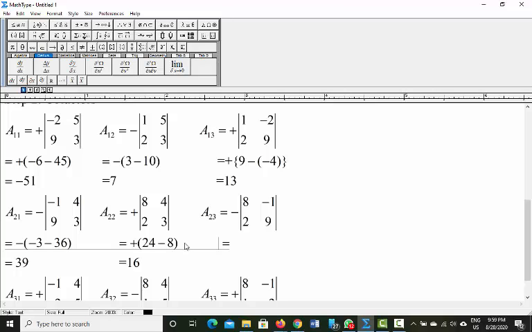So now let's do this one. You can see there is a minus here, so first we need to write that minus, then bracket.